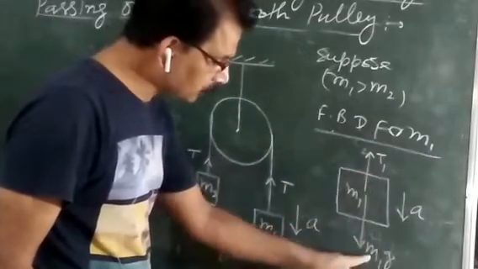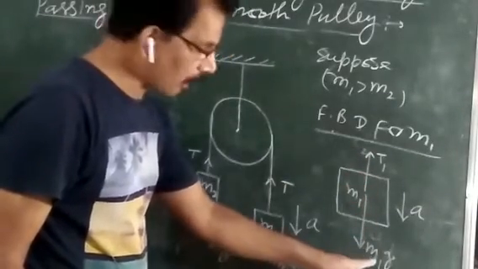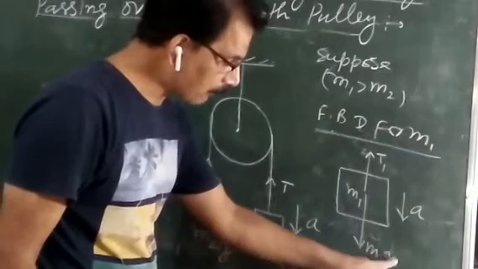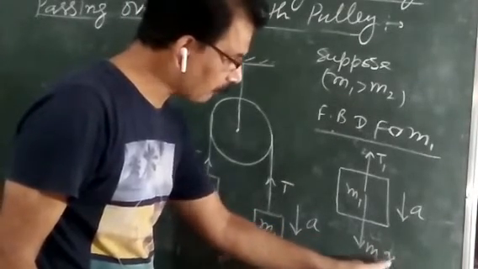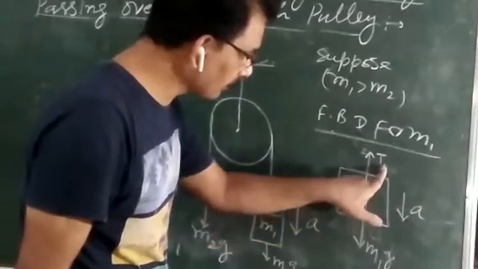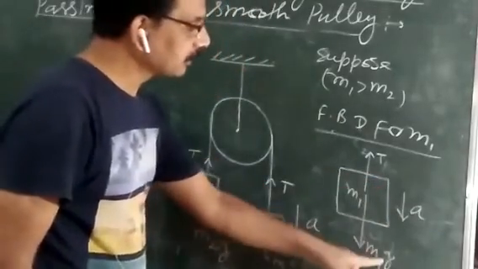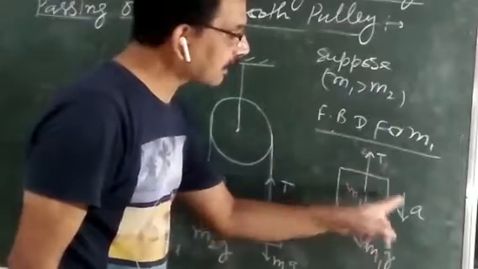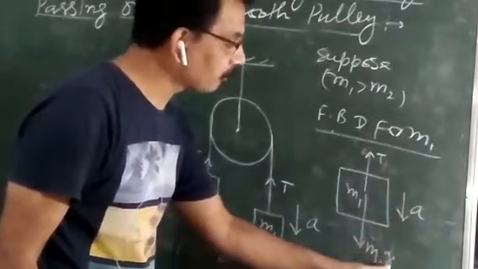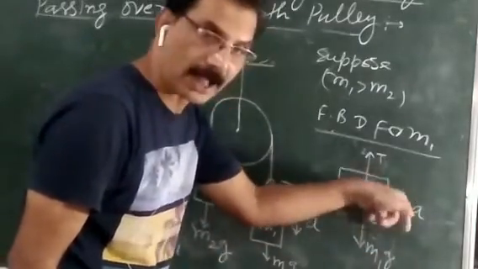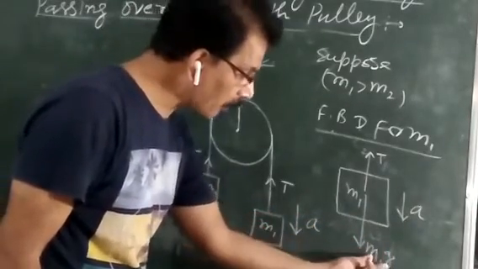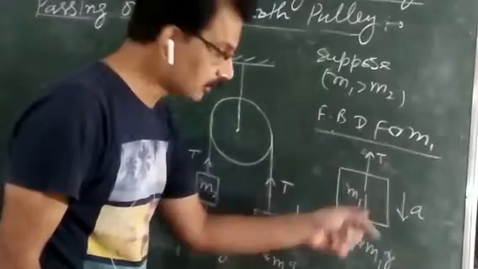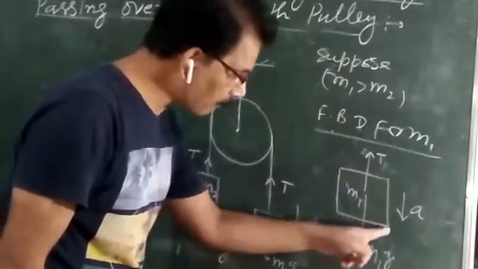But out of these two forces, M1g weight is a force. So out of these two forces, M1g and T, which one acts in the direction of acceleration? तो कहोगे M1g acts in the direction of acceleration. इसका मतलब M1g बड़ा होगा किससे? इस टेंशन T से. So what is the net force on this mass M1?